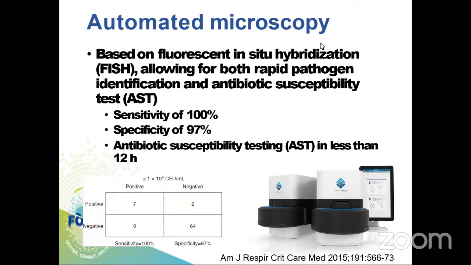Now, for this organism, when you look at fluorescent in situ hybridization, you can see the sensitivity is up to 100%, and specificity up to 97%. Antibiotic susceptibility testing in less than 12 hours.